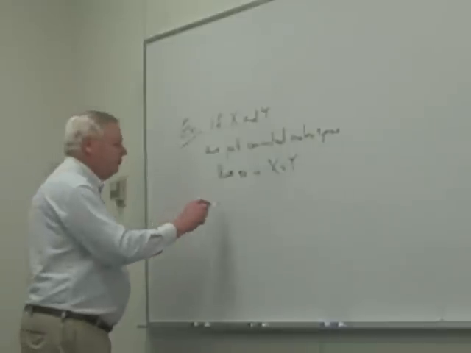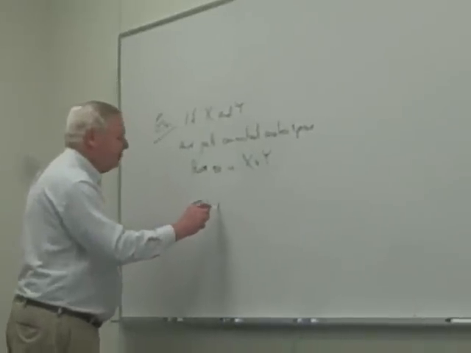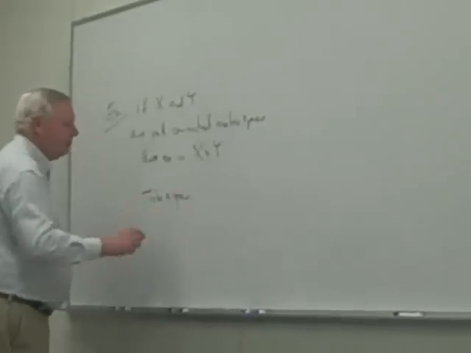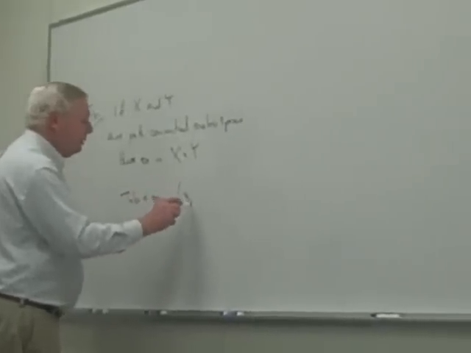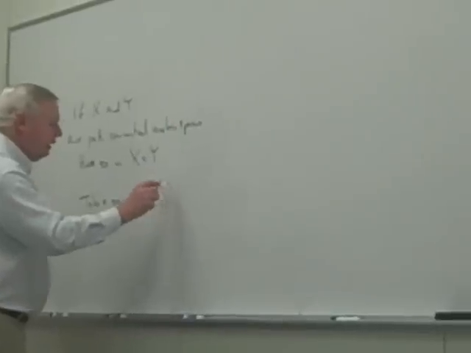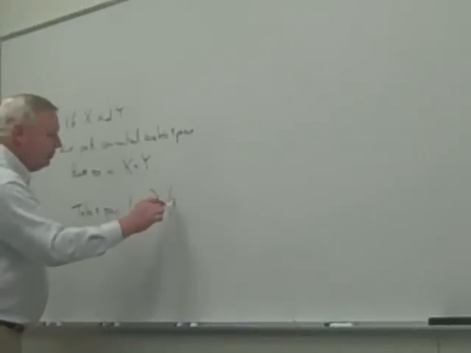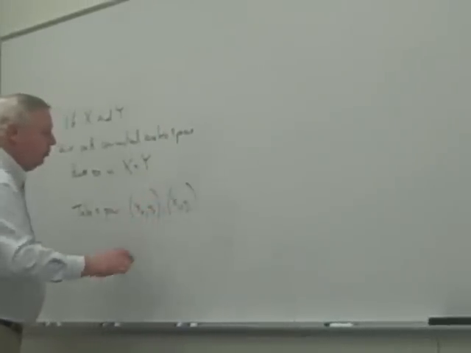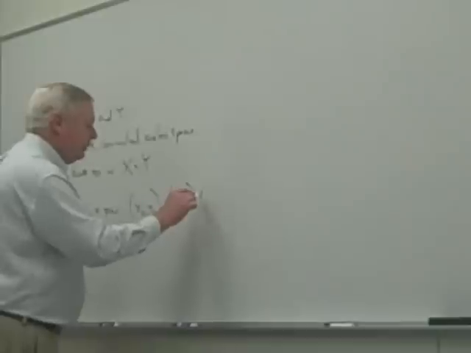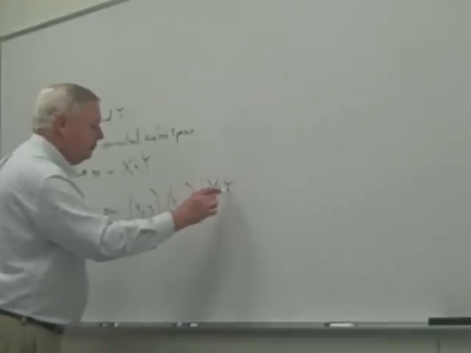So take a pair (x0, y0) and (x1, y1) in X cross Y. So we have to construct a path knowing that X and Y have that property.